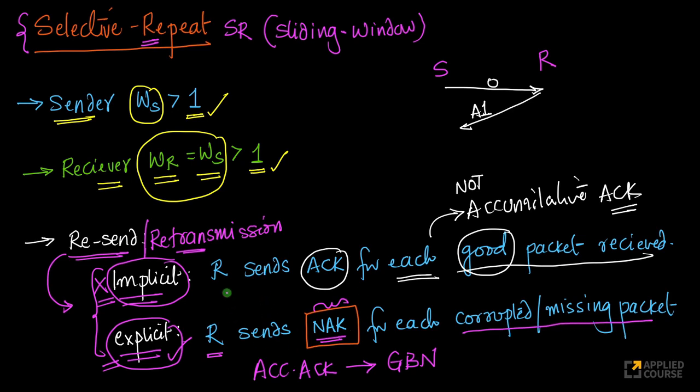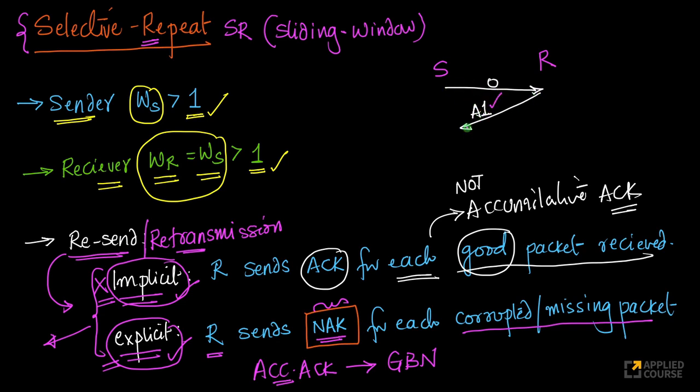This might feel slightly incomprehensible right now because I'm just giving you some theoretical concept, but you can either use implicit retransmission, wherein for every frame you get an acknowledgement back, or explicit retransmission, wherein you send accumulative acknowledgements along with negative acknowledgements. In practice, sometimes people combine both of them. When you combine both, if there is a good packet, you send an acknowledgement for every packet.